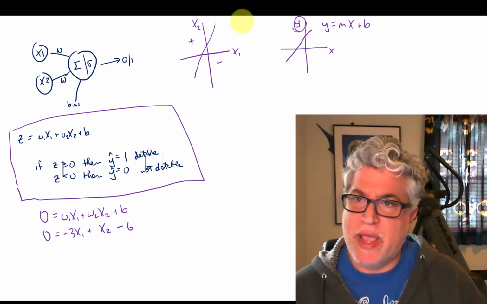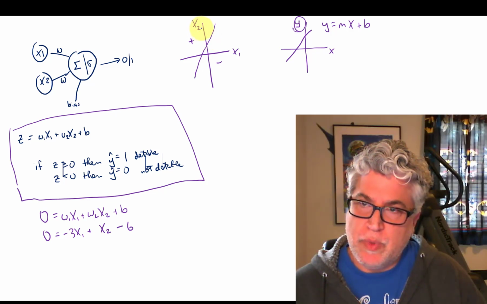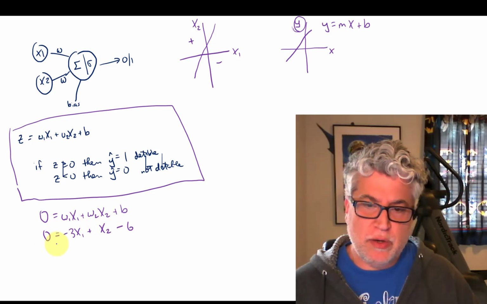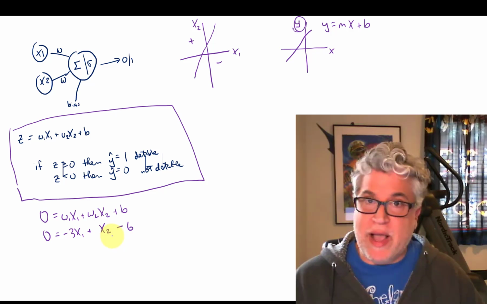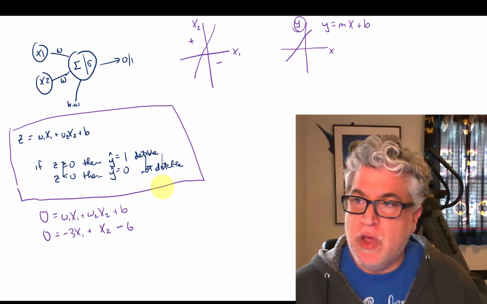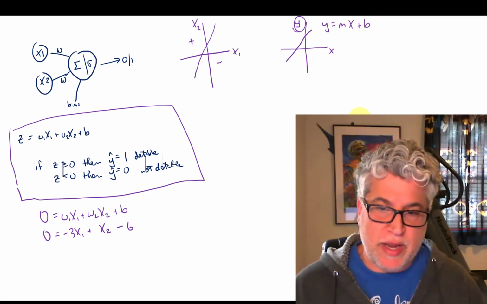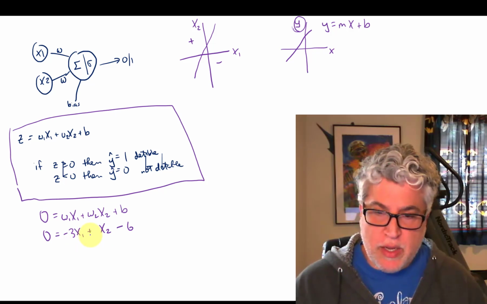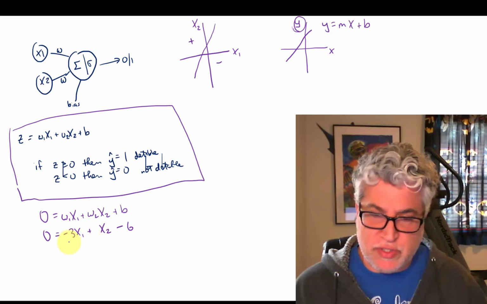And here it was y, but for our real problem, it's x2. All right, so what I want to do then is express this equation here, treating my x2 as y. I want to have it all by itself on the left-hand side of the equal sign, and then everything else on the right. Okay, so I can do that. Again, I just want to have x2 by itself, everything else on the other side.